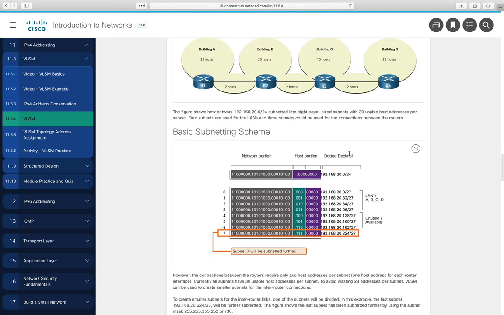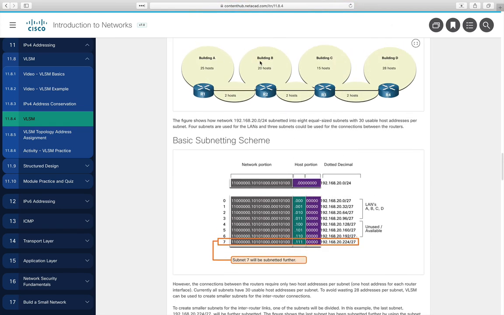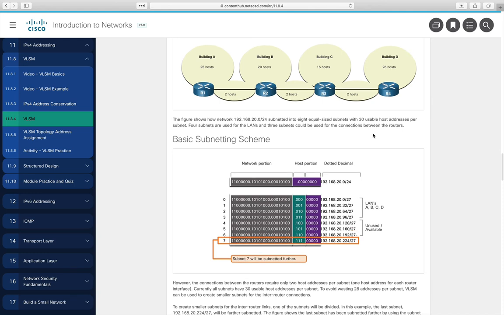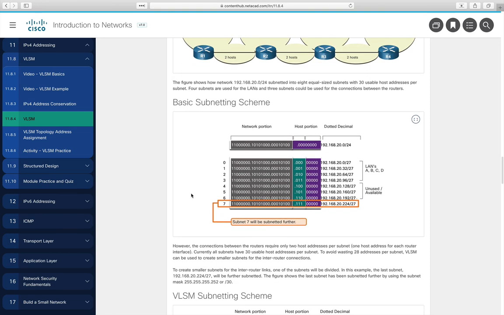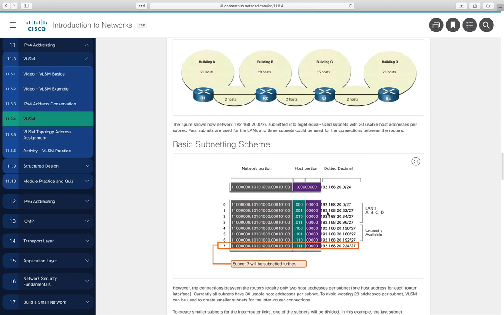So basically, here we have the same topology, the same requirements as before. This was the fixed length. We have 30 usable hosts.